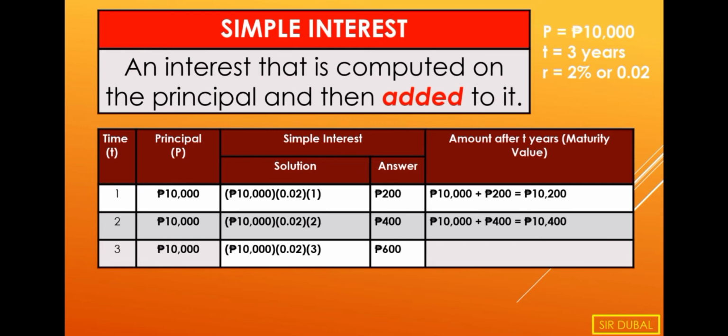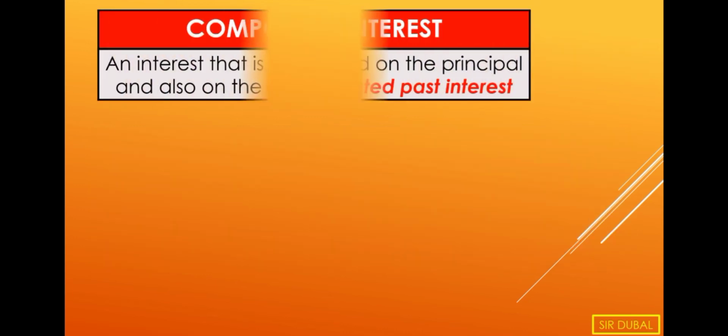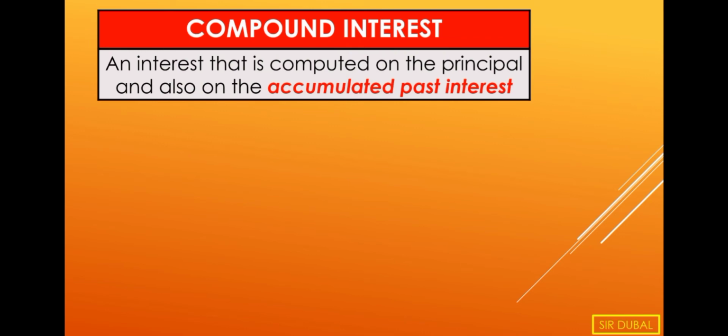Solving for the maturity value, we have 10,000 pesos plus the interest, which is 600 pesos. The answer is equal to 10,600 pesos. And that is how we are going to evaluate the simple interest. Now let's proceed with the compound interest.